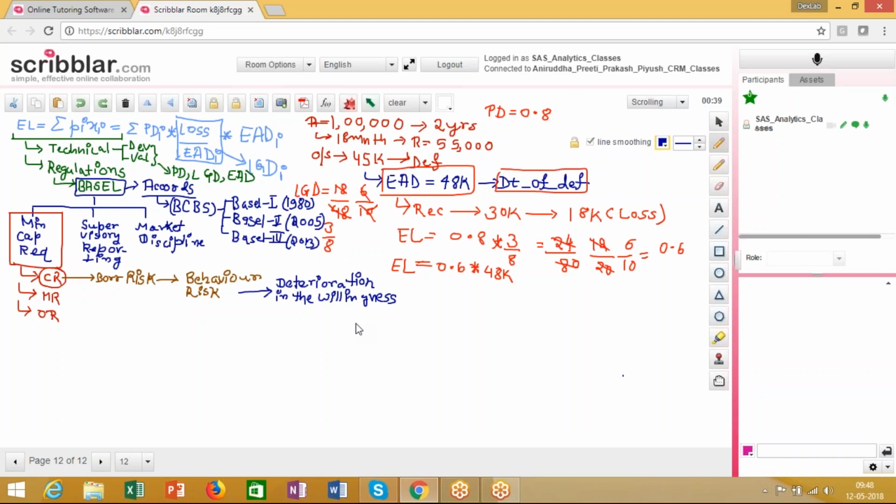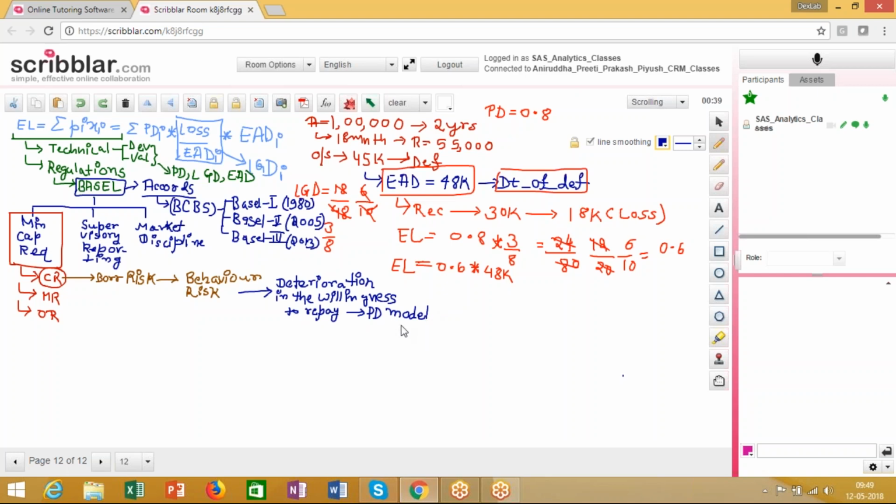So when I'm talking about the deterioration in the willingness to repay, this is where the probability of default model, the PD model, comes in.